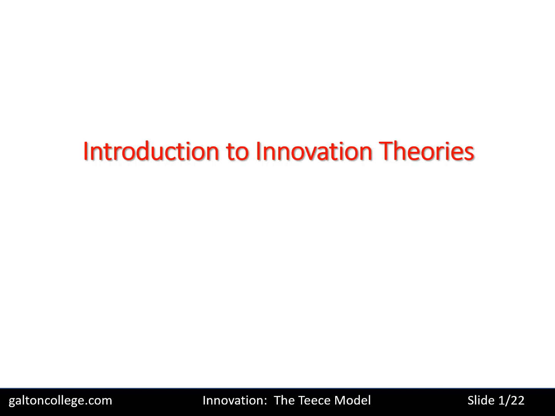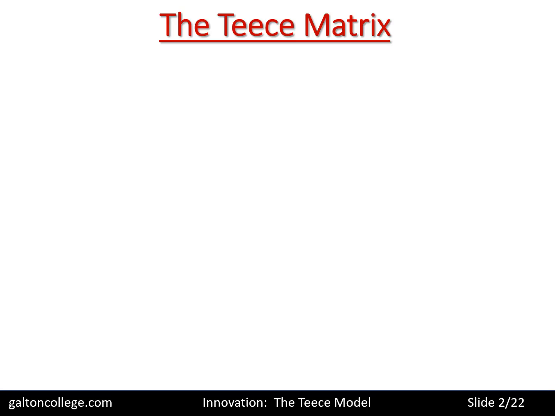So in this video, we want to talk in particular about the Teece Matrix. Now, this is a very interesting little model. It shows a very interesting relationship that is certainly influential in whether innovation takes place or not, but is also part and parcel of a wider picture.